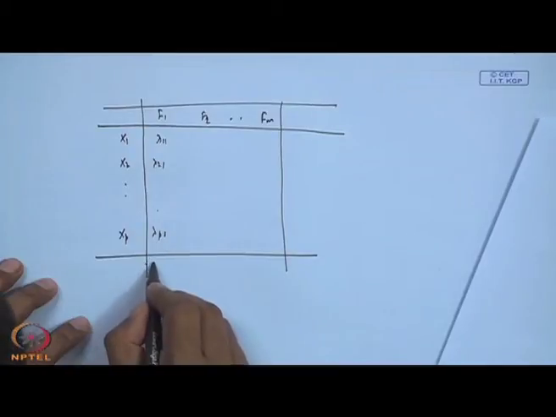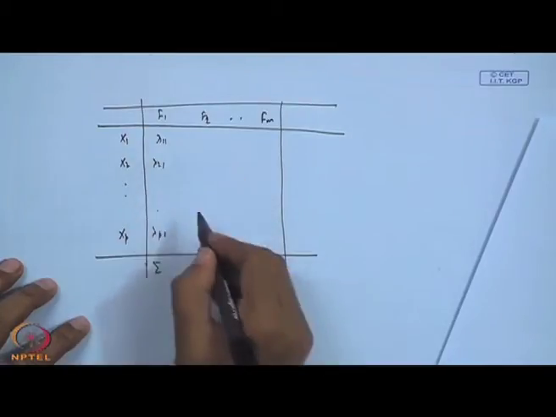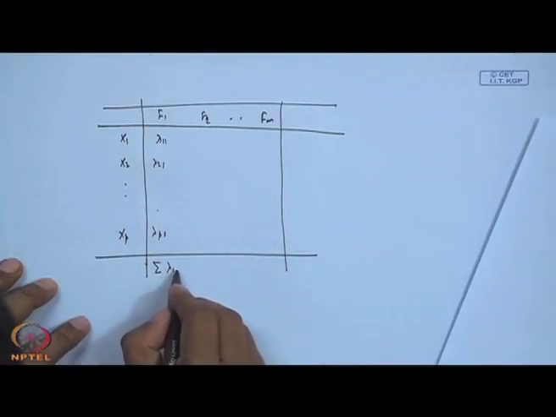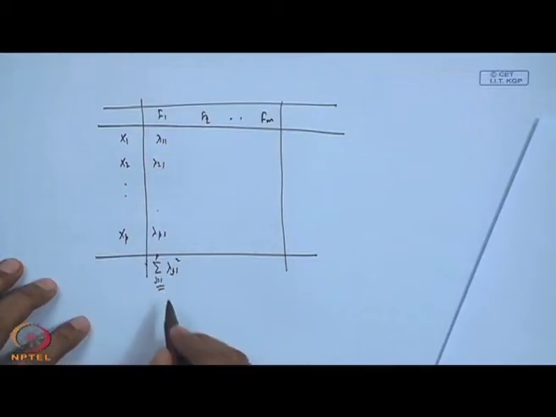Then the sum over j equal to 1 to p of lambda j1 square is nothing but your q1, what we have developed.